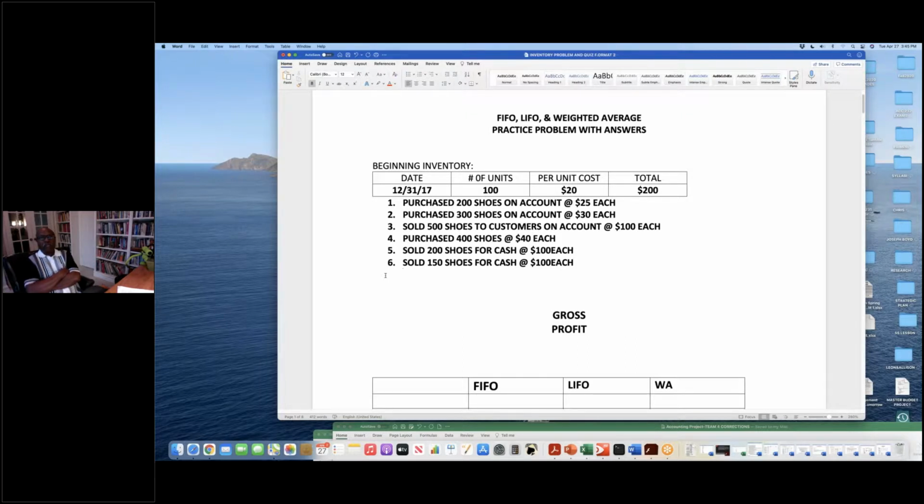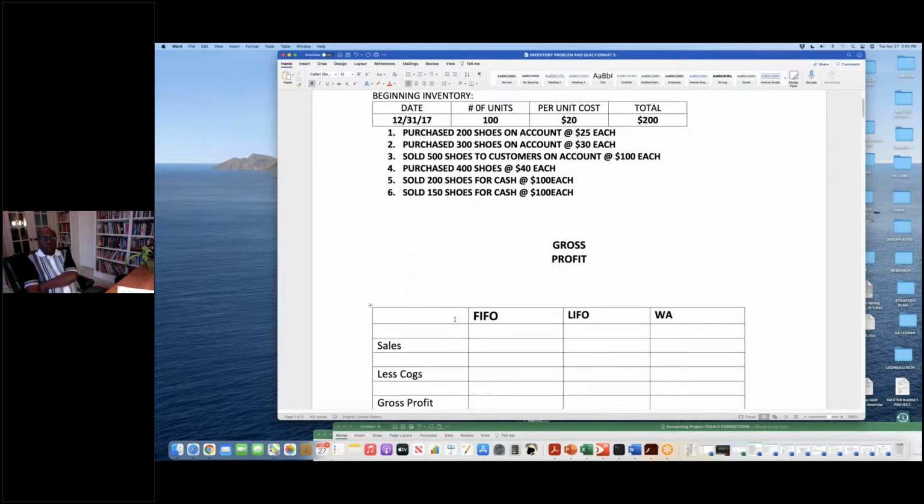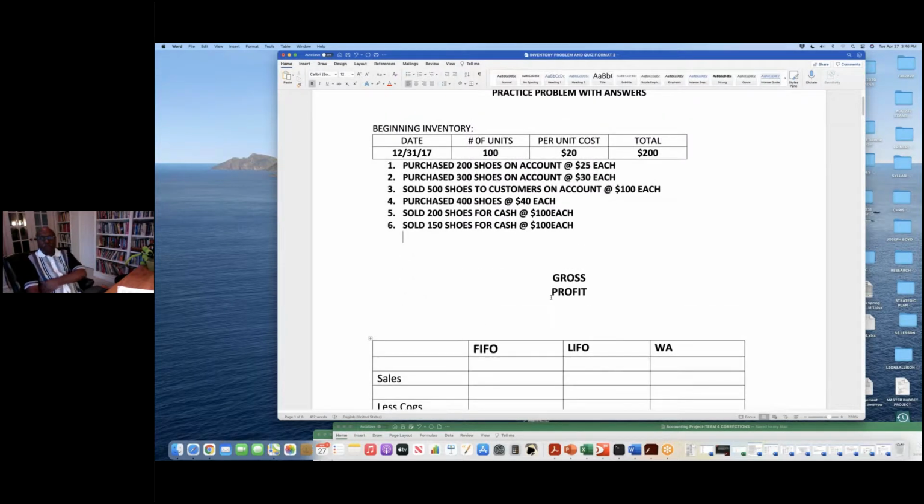So we're looking at FIFO, LIFO, and weighted average. I've just changed the assumptions. So now you're going to go through and see, if we had extra time, we'd have about 25 transactions, but because it's compressed, we're doing fewer transactions.